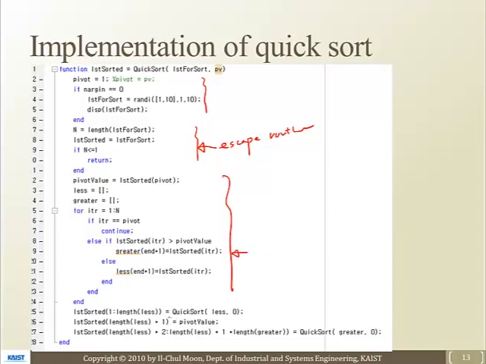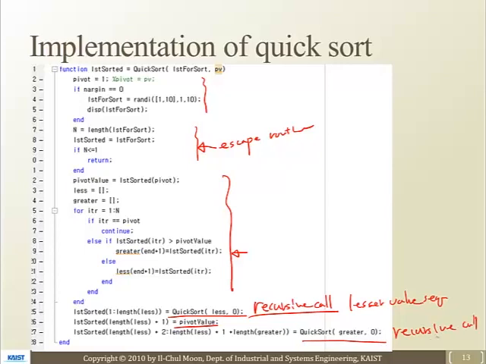And here is the recursive call for the lesser value sequence. And here we add up the pivot value. And then this is another recursive call, that's for the greater values.